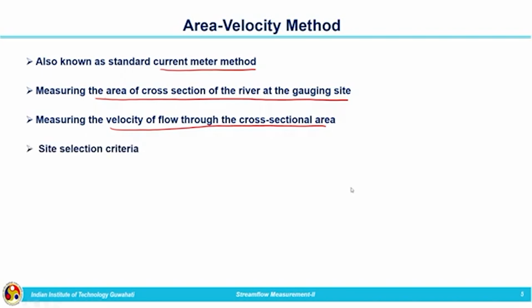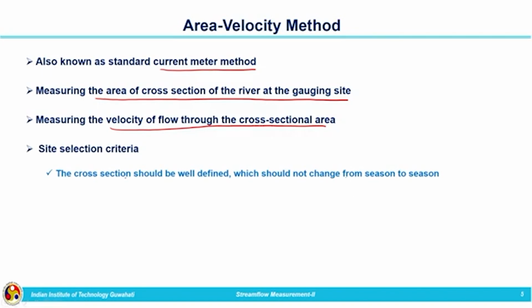Coming to site selection criteria, the cross section should be well defined and should not change from season to season. The site should be selected in such a way that the cross section of the stream where we are measuring the stages and also velocity should be stable.